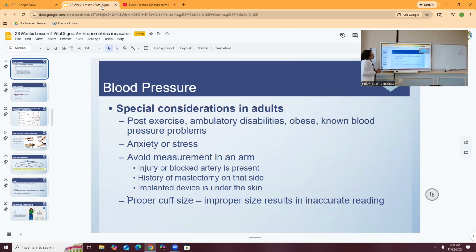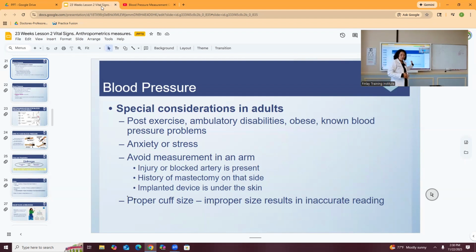We have to avoid measurements in an arm that has any contraindication. Number one, any injury or any blocked artery that is present. Patients that we know have had a clot previously in that arm, we're going to use the contralateral arm. Patients with a history of mastectomies on that side, especially if they have had lymph nodes removed.